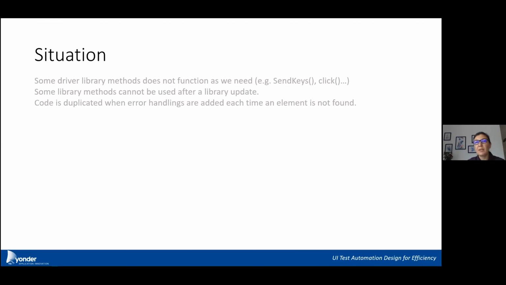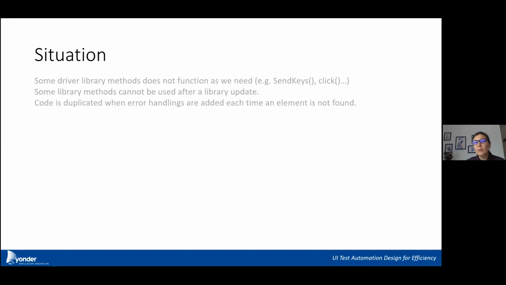APIs. For example, for sending keys, when you write tests, you also want to clear the text from the field, or for the click, you want to have hardcoded steps, you have to do multiple clicks, or it does not function, so you need to use the keyboard in order to click on an element.